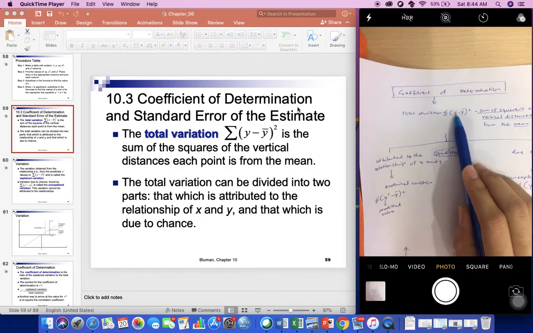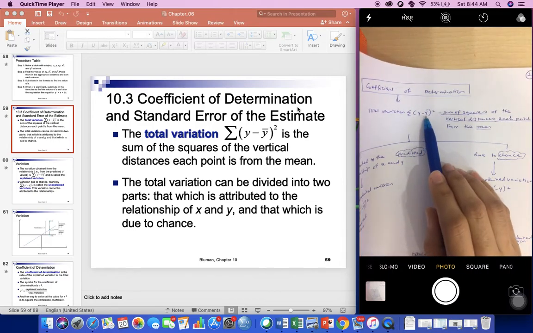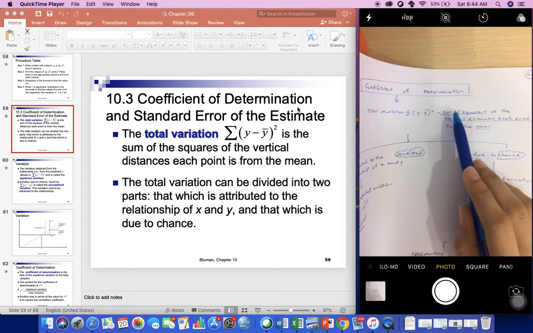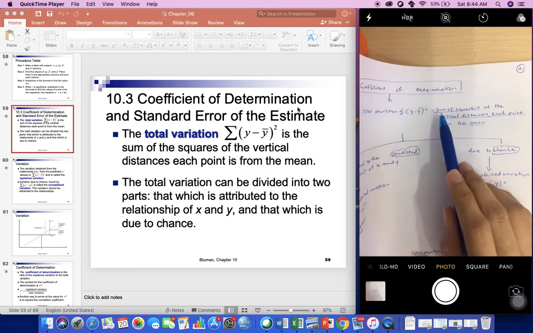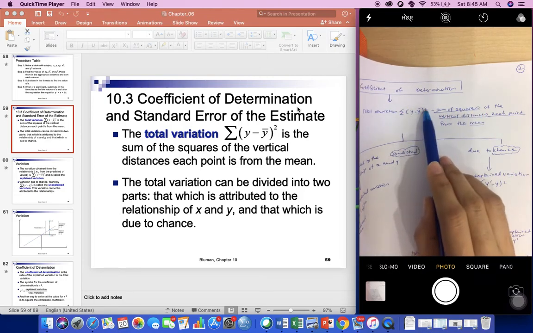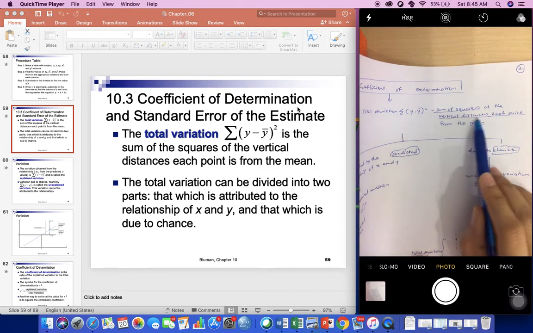Y is the observed Y, minus the mean of Y. Meaning, we take the summation of squares of each vertical distance, each point from the mean.